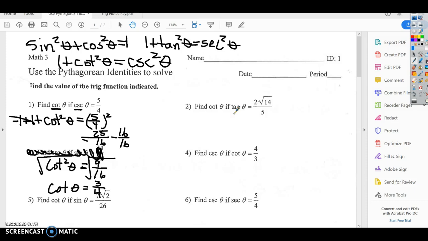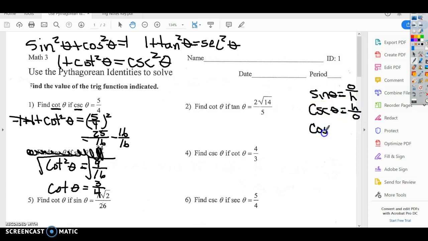Okay, so I'm going to give you just a quick review here. So we have sine of theta equals your opposite over hypotenuse. So your cosecant is the reciprocal of that. Cosecant equals hypotenuse over opposite. So these are inverses of each other.